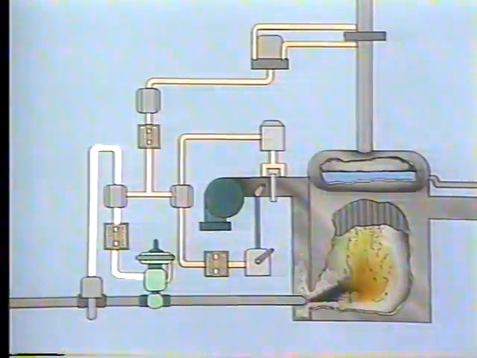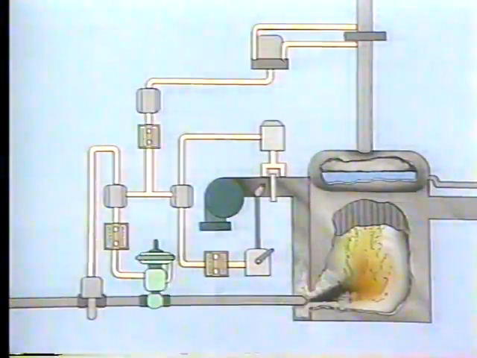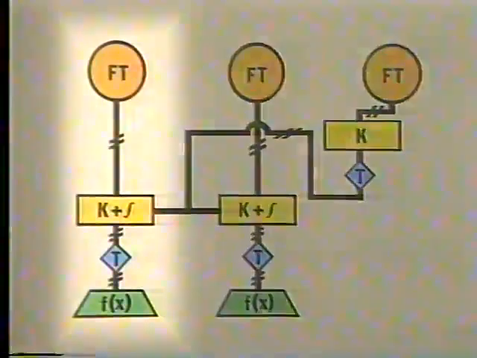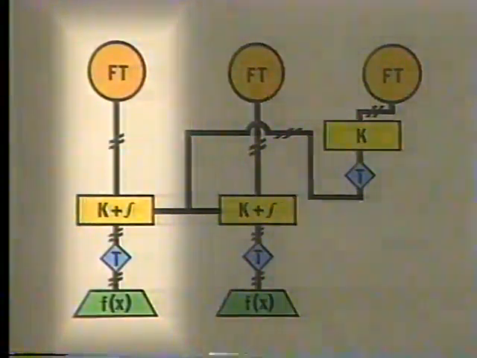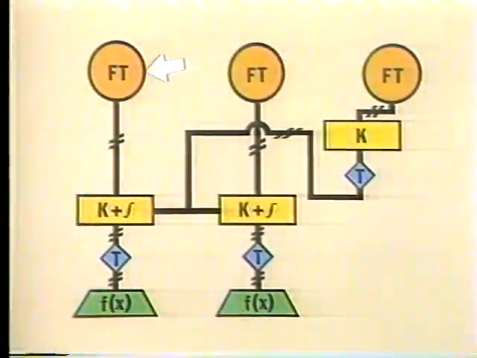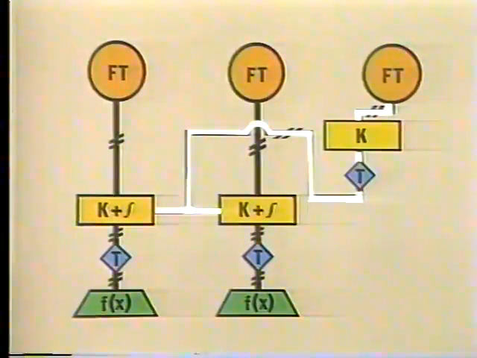To find out more about the control instruments that regulate fuel flow, let's return to our logic diagram. This part of the diagram represents the fuel flow control system. This represents the flow transmitter, and this represents the fuel flow controller. There are two input signals to this controller, one from the master controller and one from the flow transmitter.